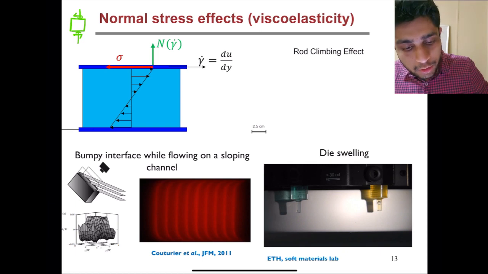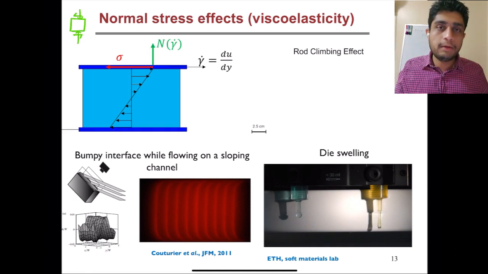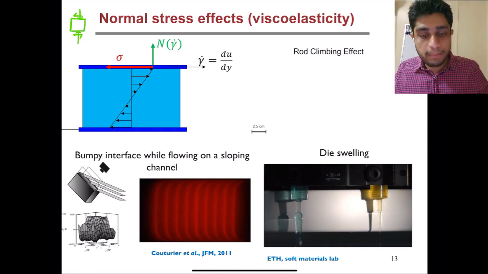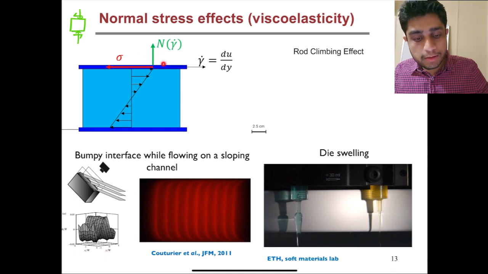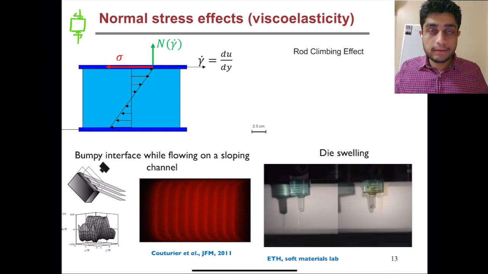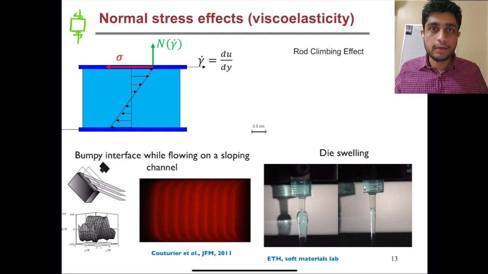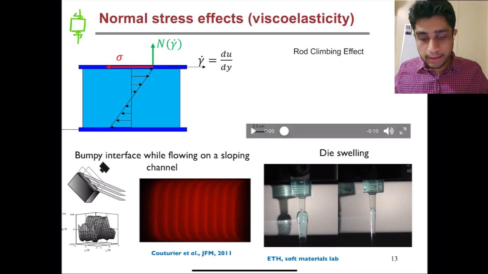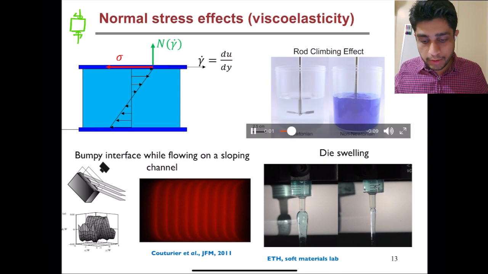So it is shown here. We are applying a shear rate of known value, then we have a shear stress as well as a normal stress. And the way this normal stress is measured is by measuring the force perpendicular to this plate, and this normal stress which arises when we shear non-Newtonian fluids results in interesting phenomena like rod climbing, which is again shown in this video.